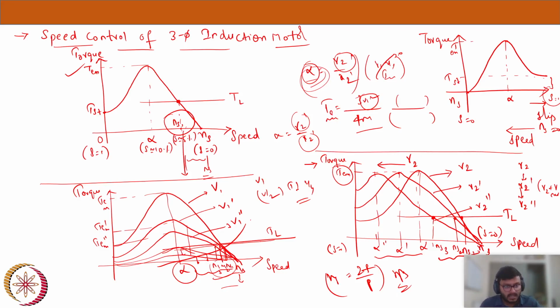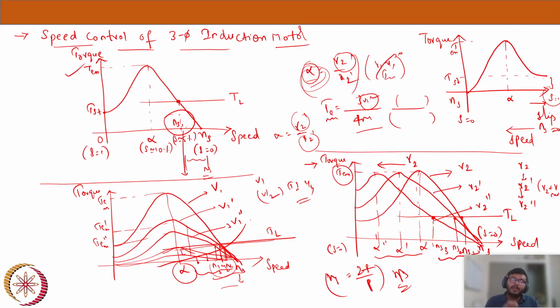Nowadays also the DC series motor is still used by people, but people were not asking the right question, whether I can use my induction machine to get such a speed control. It's not that since my supply frequency is fixed and everything is fixed, the induction machine is ruled out of speed control.